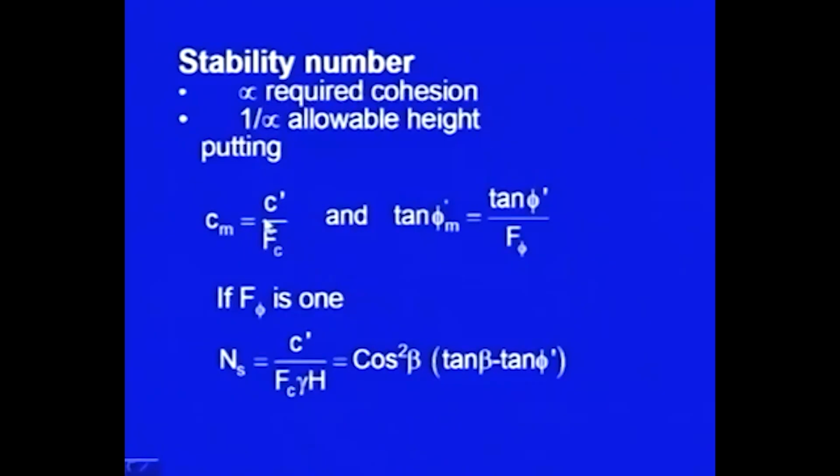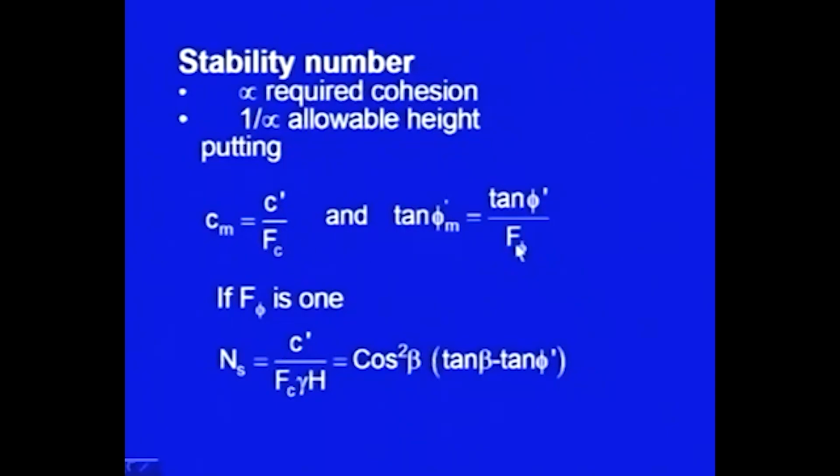Now, if I replace Cm and phi m, Cm, the mobilized cohesion, is equal to C dash upon F c. This is the definition of the factor of safety with respect to cohesion we had given. F c was equal to C dash upon Cm.